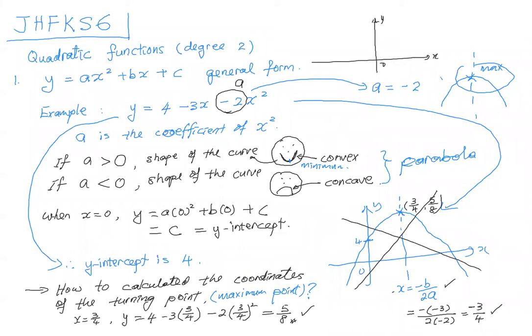So you see your friend, that's why just now I asked you, are you sure this is correct? Then your friend says, if your y-intercept is 4, how can your highest point be lower than 4? Logic or not? Not logic.